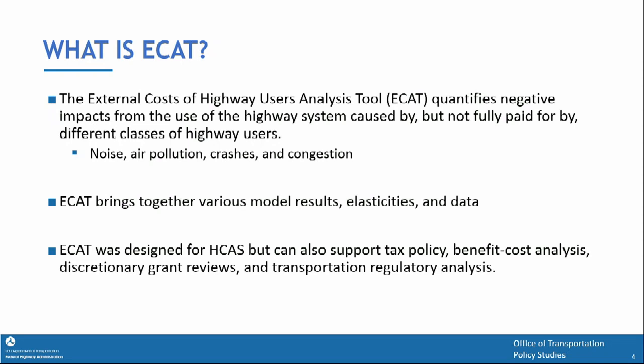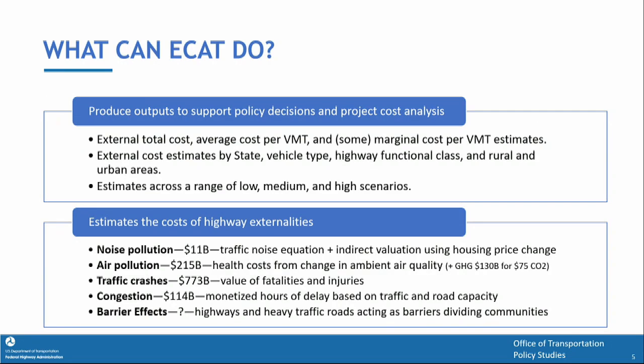So to get these estimates, ECAT brings together various model results, elasticities, and data. And it was originally designed to support the highway cost allocation study, looking at the cost allocated to different vehicle classes. But it can also support tax policy, benefit cost analysis, discretionary grant reviews, and transportation regulatory analysis. So what can ECAT do?